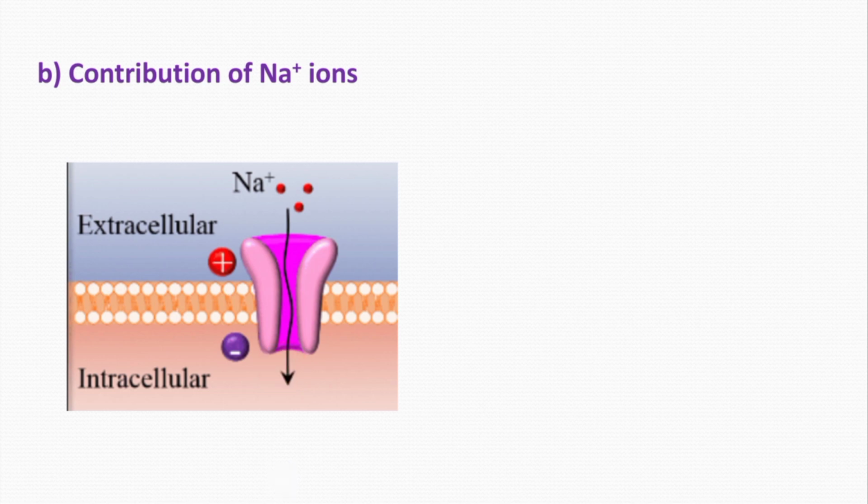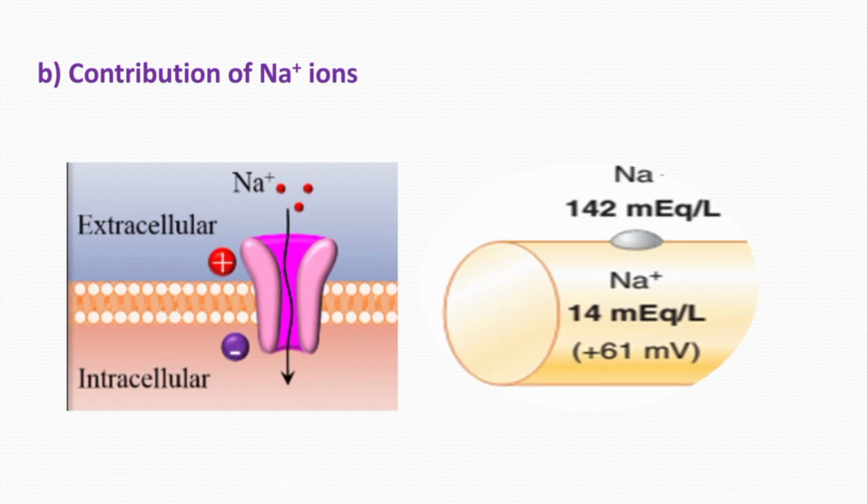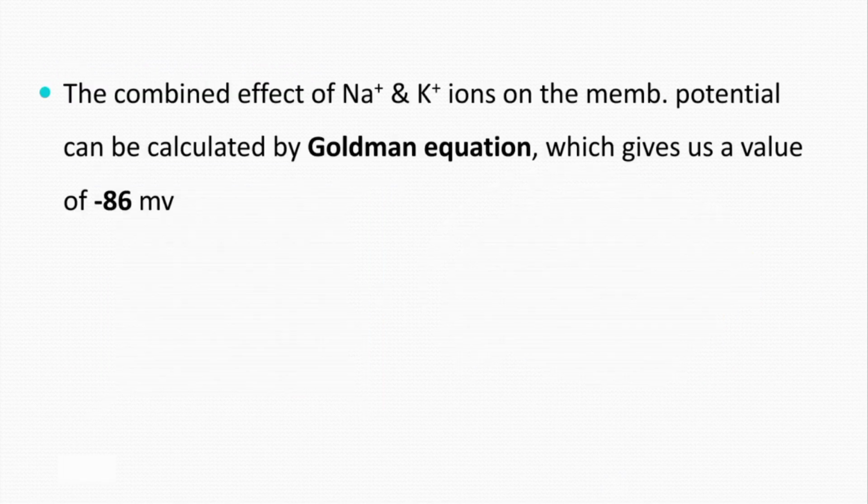So if the sodium ions were the only factor responsible for the resting membrane potential, then the resting membrane potential would be equal to the Nernst potential or equilibrium potential for the sodium ions, which is plus 61 millivolts. But normally the membrane is permeable to both sodium ions and potassium ions.